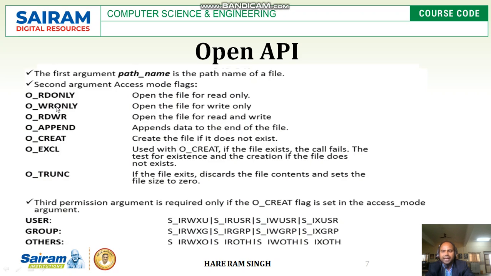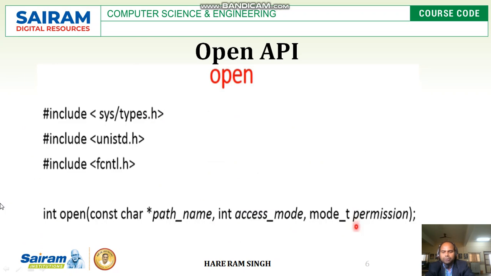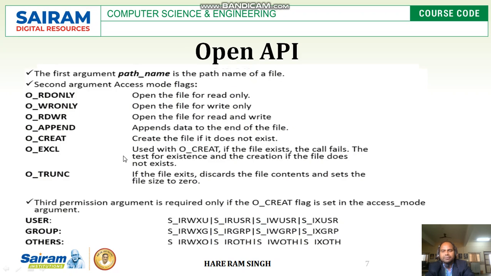The different values of access mode flags will be O_RDONLY, which opens the file for read only. Here you are opening a file, and this is the path name of the file. Now you are opening it for read purpose only, or write purpose only, or read-write purpose, and that is told by the second argument, the access mode.